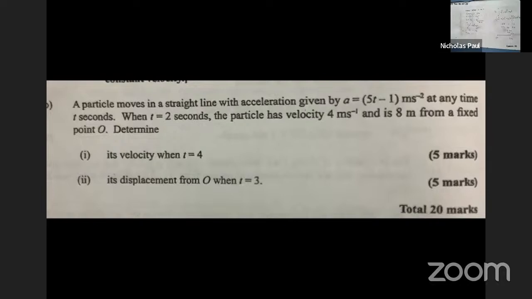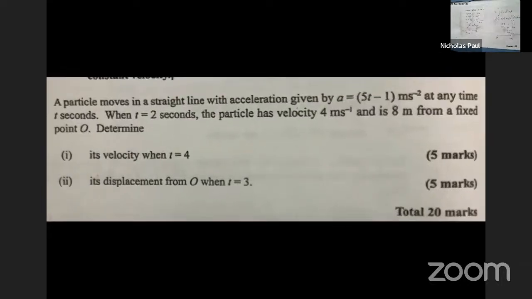So a particle moves in a straight line. Write down the equation, do what you have to do. Let's see what you got. This one is not supposed to be so hard.